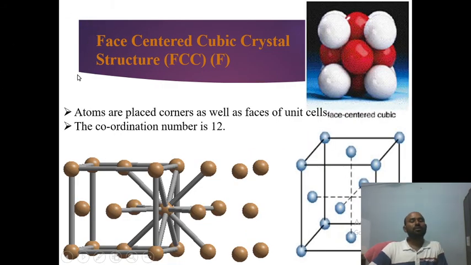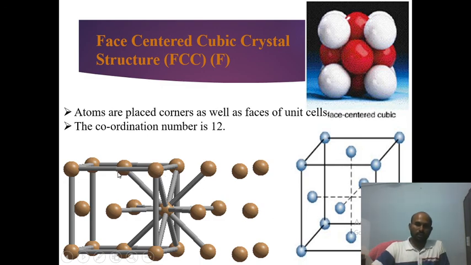Next, face centered cubic crystal structure. In the face centered cubic crystal structure, atoms are placed at the corners as well as the faces of the unit cell. Look here, the atoms are placed at corners and faces. This is the upside, this is the back side, front side, left side, and right side of the unit cell.